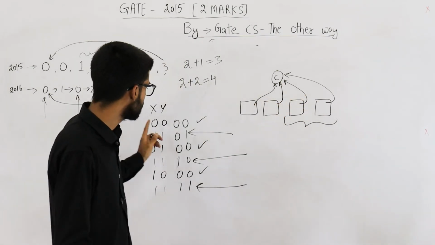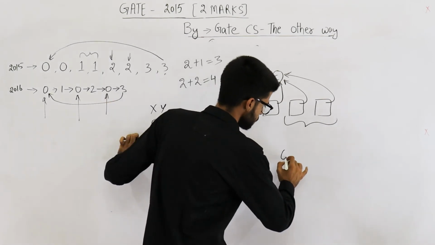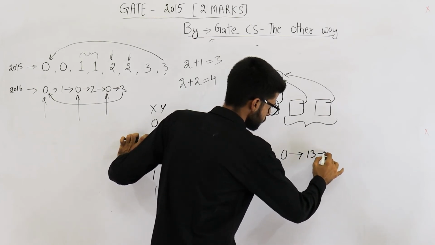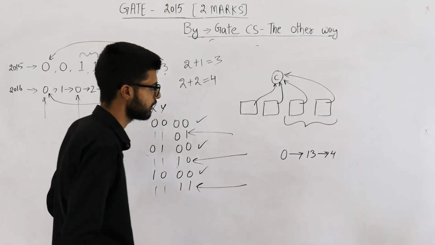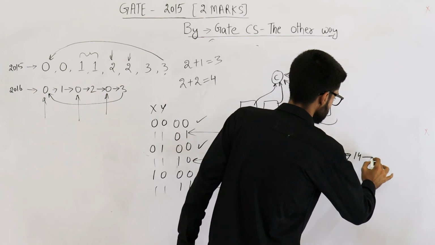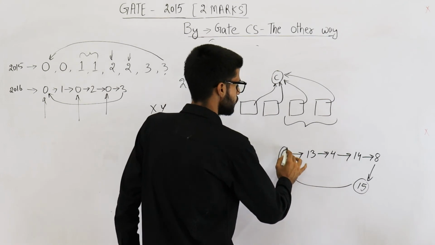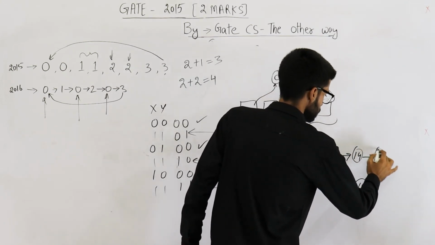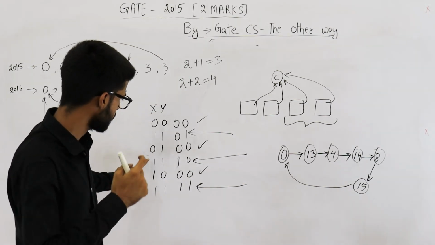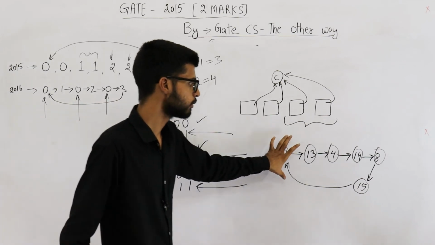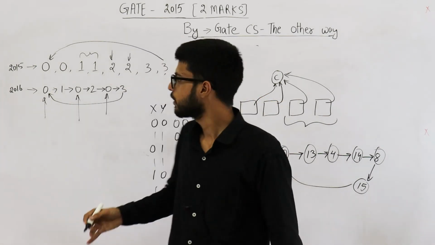You will generate a counter for 0, 13, 4, 14, 8, 15. We are going to design this counter. But because we are neglecting the first 2 bits, actually the output will be this.